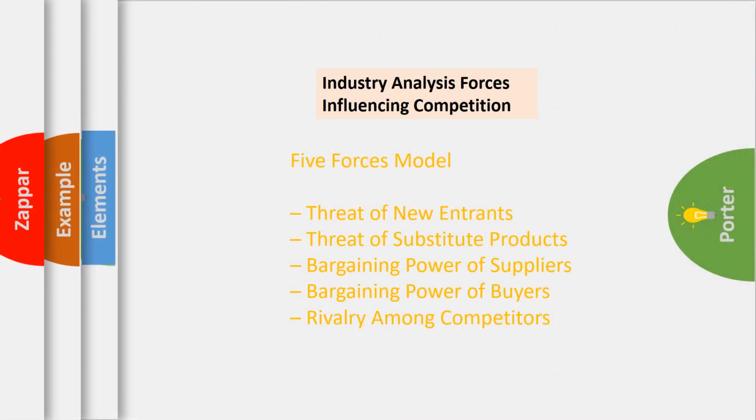So Michael Porter identified 5 elements to his 5 force model, and these included the threat of new entrants, the threat of substitute products, the bargaining power of suppliers, the bargaining power of buyers, and rivalry amongst competitors.